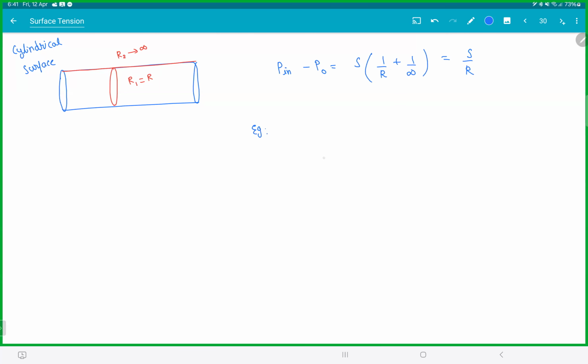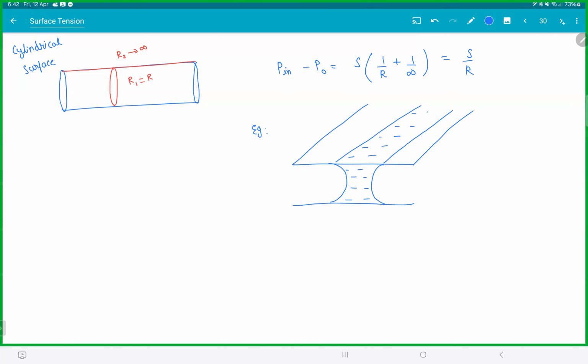Example, it would look something like this. Let's say you have two glass plates and water is stuck between them. This is water between two glass plates. That's actually a cylindrical meniscus. This is how the surface looks. So this looks like a bubble, with P naught here and P inside at this surface.